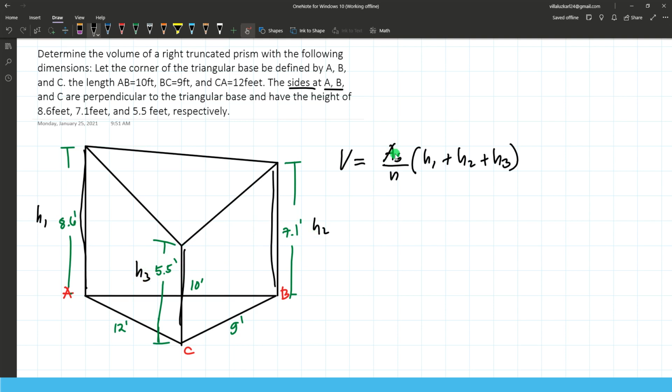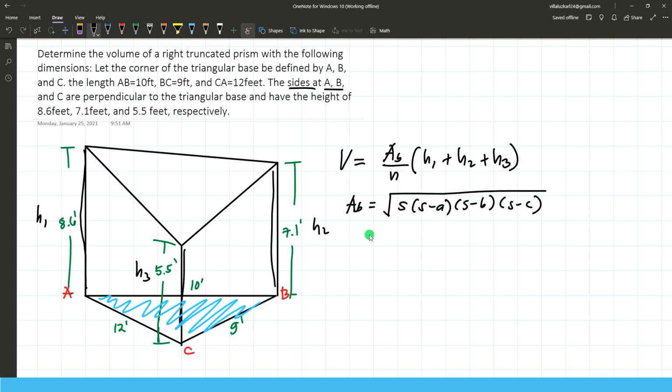First, determine the area of the base. This is the base here, which is a triangle with the given lengths of sides. All sides are given, so we can use Heron's formula. The area of the base is equal to the square root of s times s minus a, s minus b, s minus c, where s is the semi-perimeter, or the sum of all the sides divided by 2.